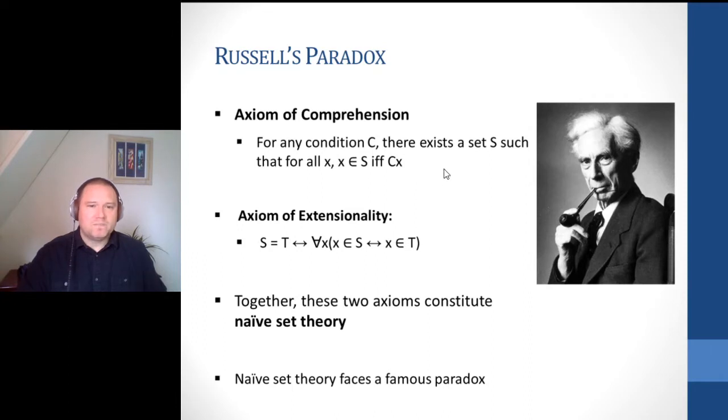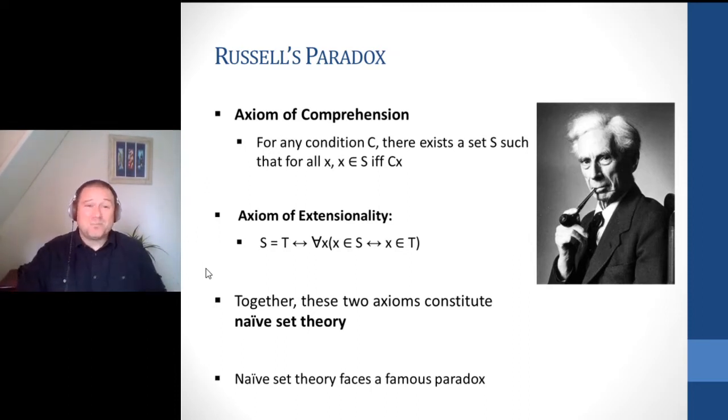So the axiom of comprehension and the axiom of extensionality together constitute what came to be called naive set theory. Now, there was a lot of hope when set theory was first developed that just accepting the axiom of extensionality and the axiom of comprehension would give us all of mathematics.